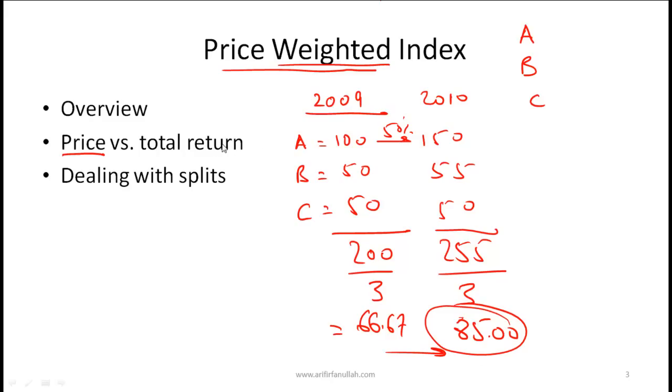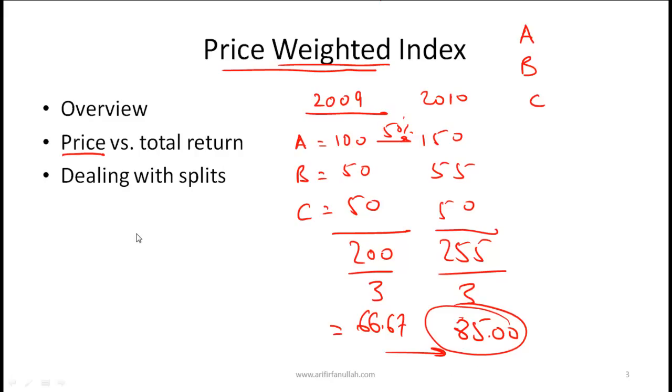There are some nice examples in the curriculum. I am not going to go over them right now, but the main point for you to understand is, if the index price is simply reflecting the stock prices, then this is a price return index. If the index price is also reflecting the total return, then this would be a total return index.